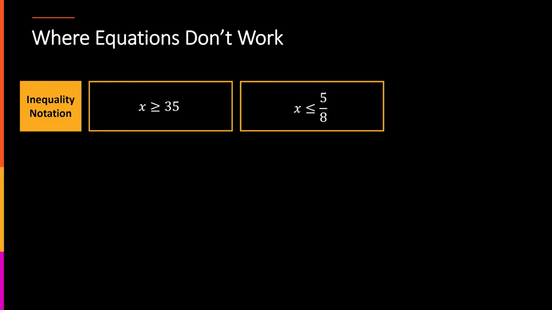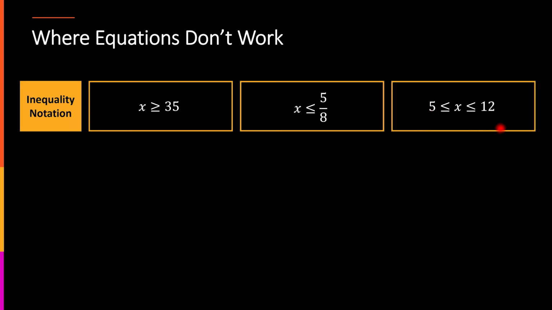So in particular, if you look at negative 34, that would count, right? Even though 34 is a bigger magnitude number, we still count it here for that less than or equal to, in this case, 5/8, okay? And a very common way to run into this stuff is to see them at the same time. So in particular, if you're looking at some bounds, like x is between 5 and 12, right?